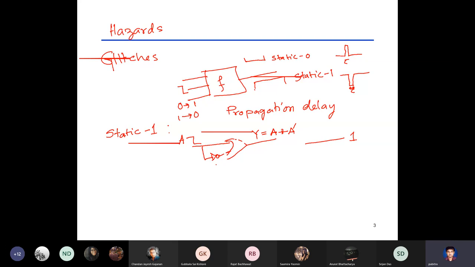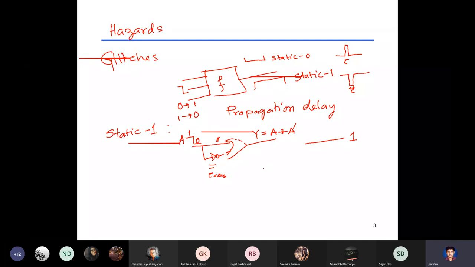But the problem is this NOT gate has a delay of tau, say 2 nanoseconds or something. This OR gate might also have a delay. So if we really look at the timing diagram, let's say I have a 1 to 0 transition. So this is 1.